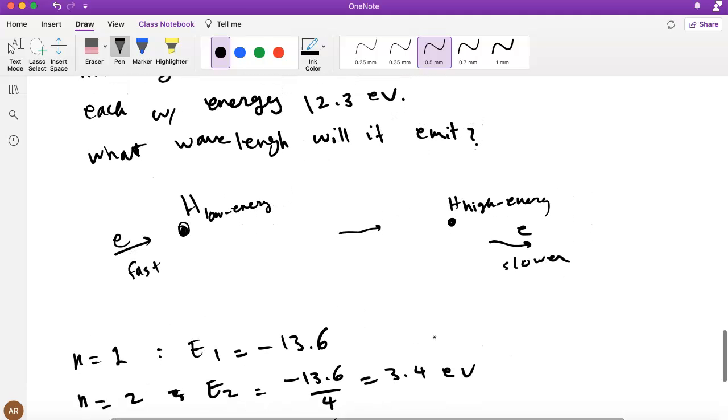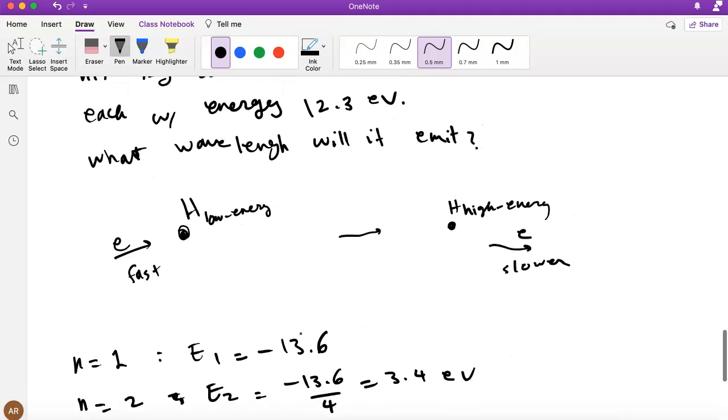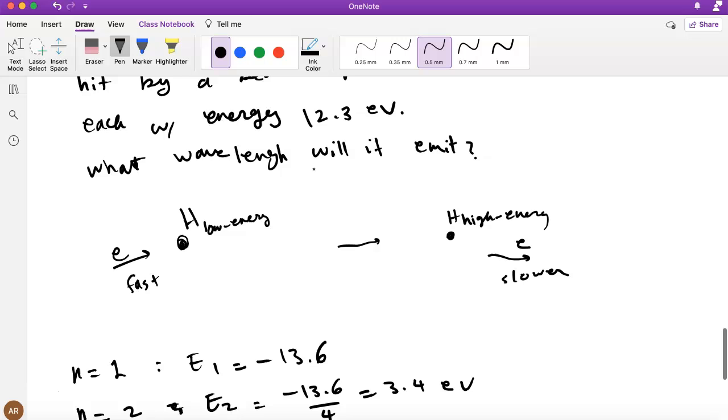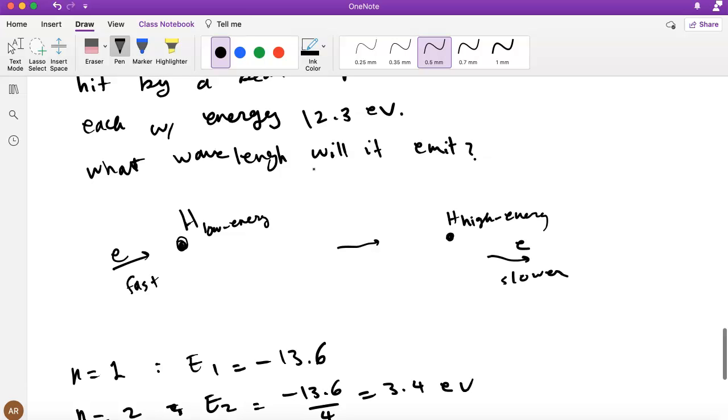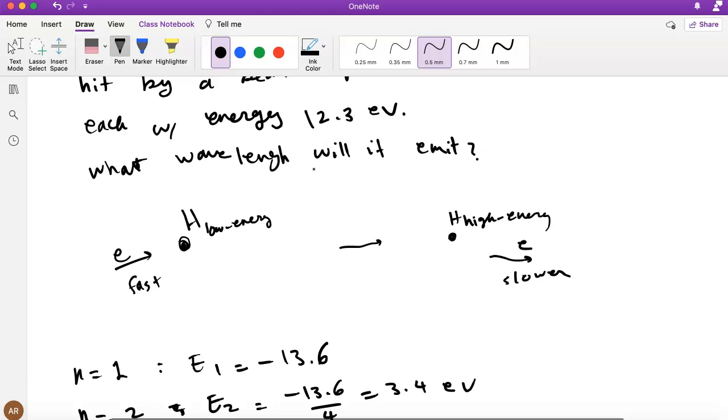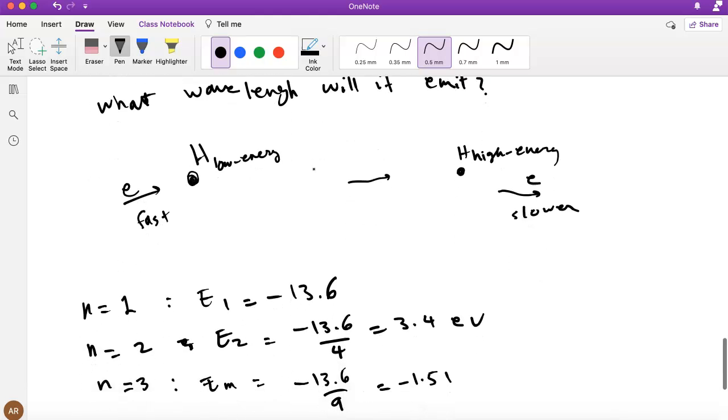And that's minus 1.51. So again, minus 13.6 plus 12.3 gives us, what does it give? Gives us minus 1.3 electron volts, right?